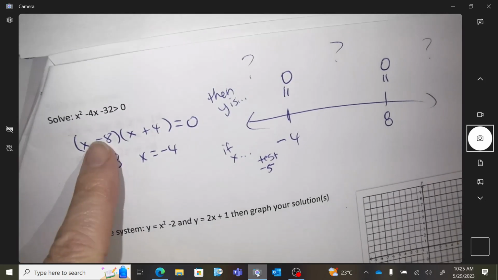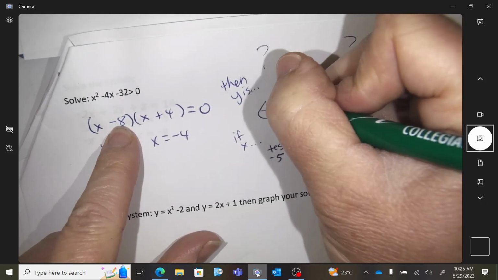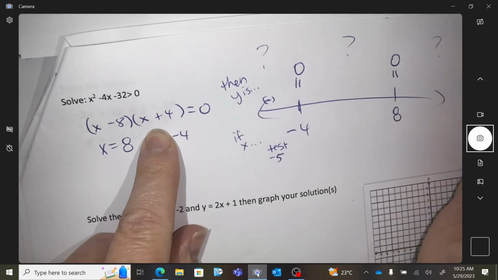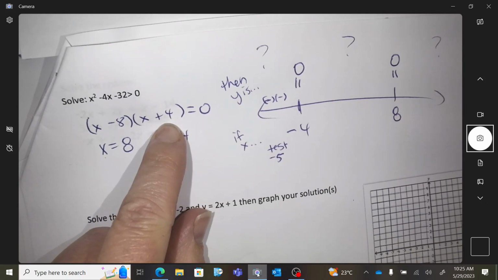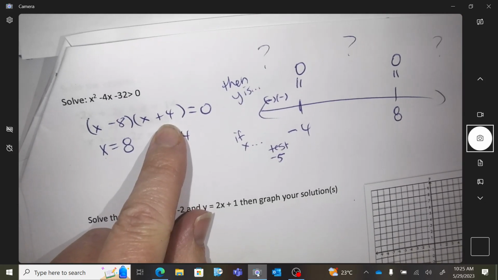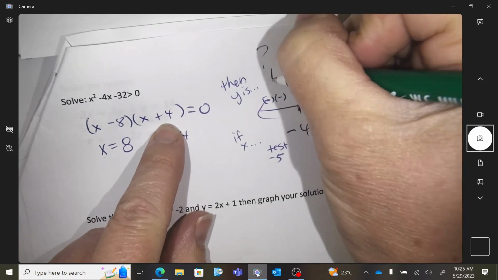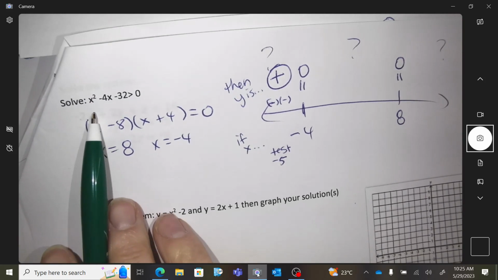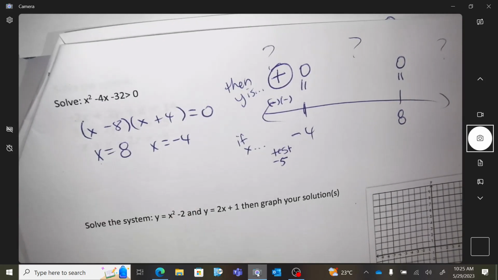For me, it's faster just to go -5 subtract 8 is a negative value, and -5 plus 4 is a negative value. So I know that number will end up being a positive number. Again, you could have done -5 squared minus 4 times -5 minus 32.